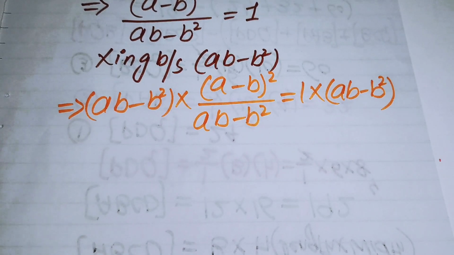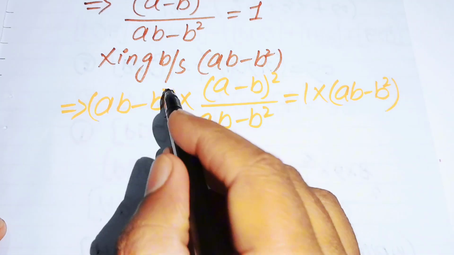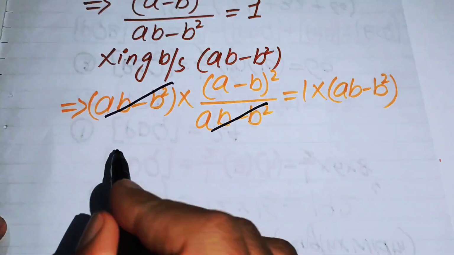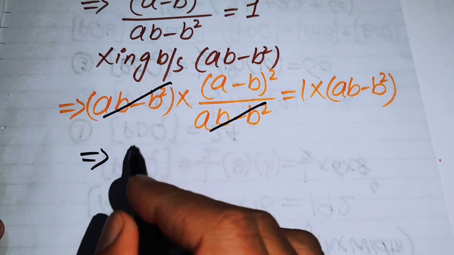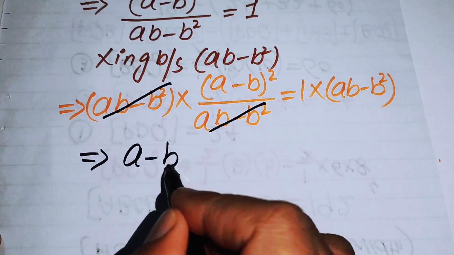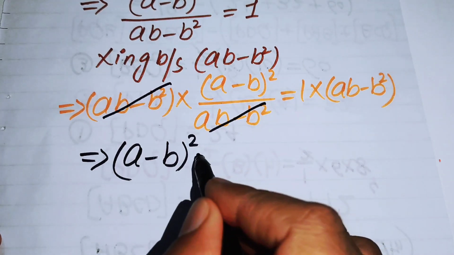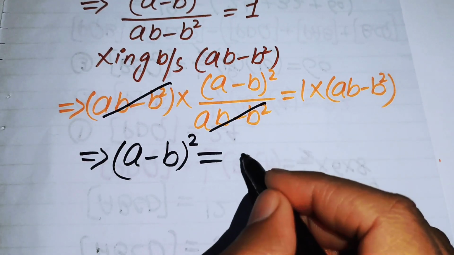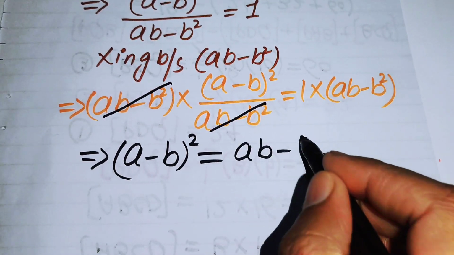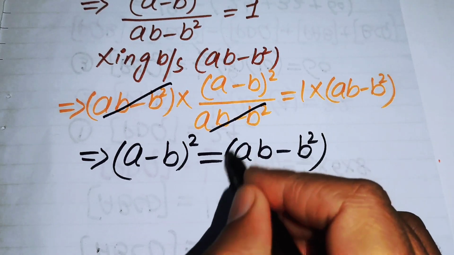So now you see we have this term cancelled out by this one, and you will get here a minus b whole squared equals, on the right hand side, ab minus b squared.